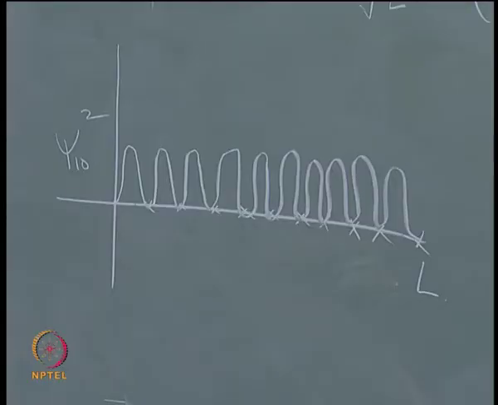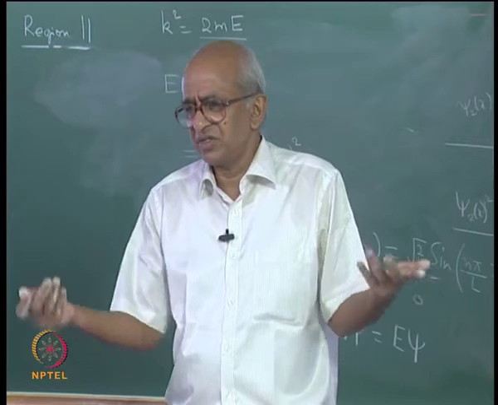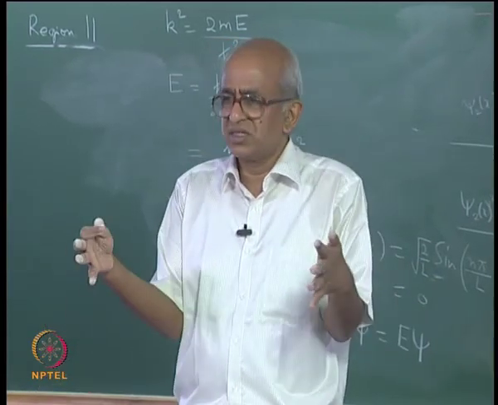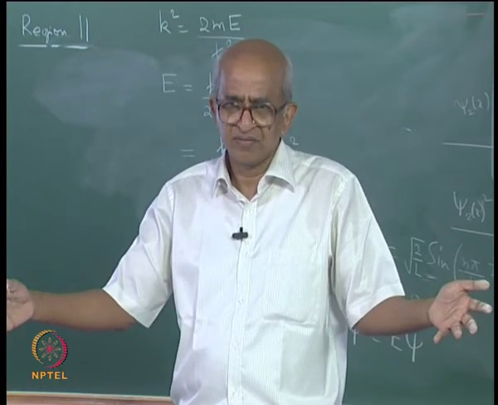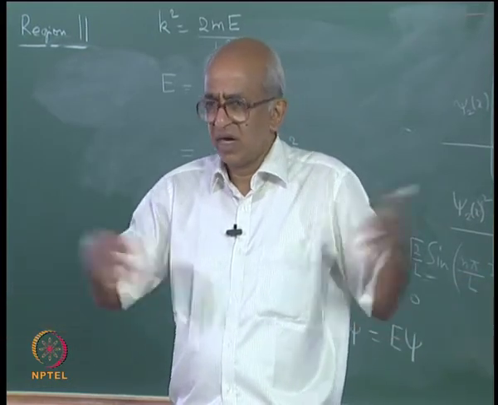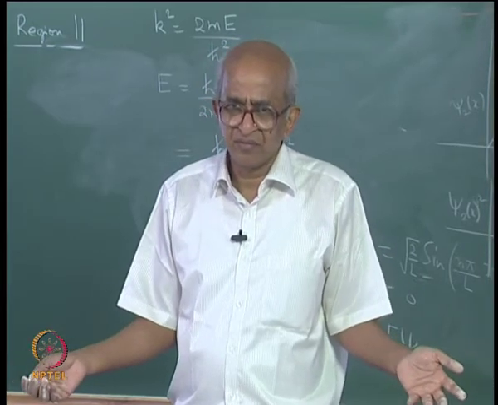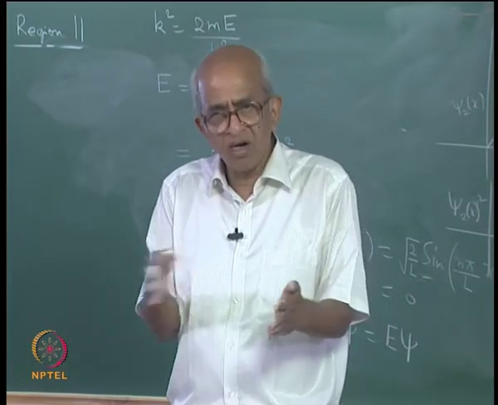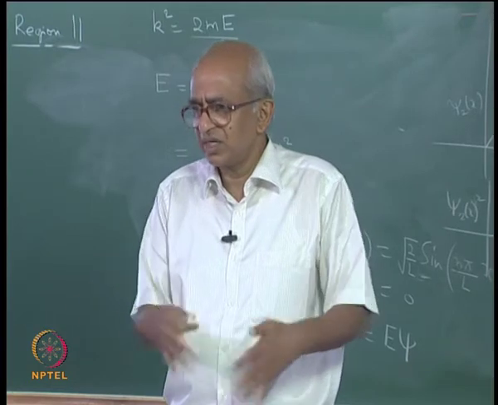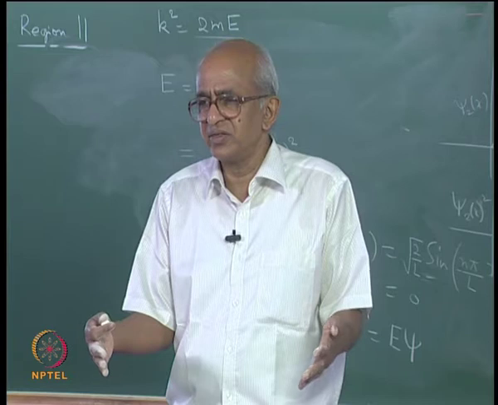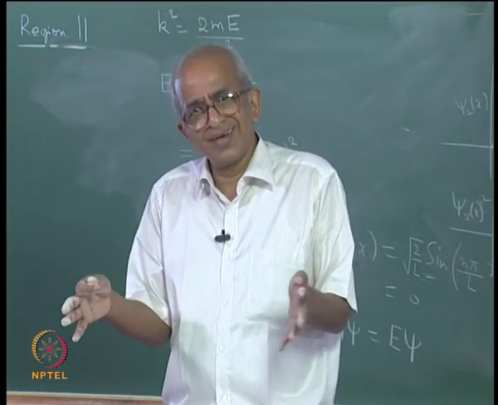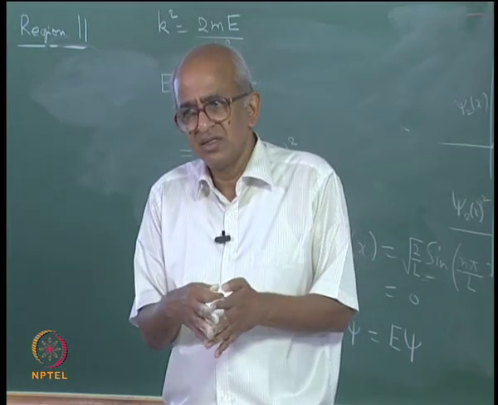Now, this is a very large value of n. Suppose I say that I have a particle which is not obeying quantum mechanics, but it obeys classical mechanics and it is inside the box, and I do not know where it is. Therefore, all positions within the box are equally likely, so the probability of finding the particle anywhere is the same.